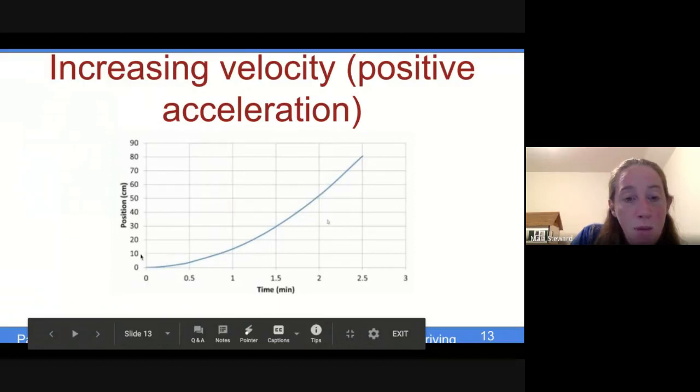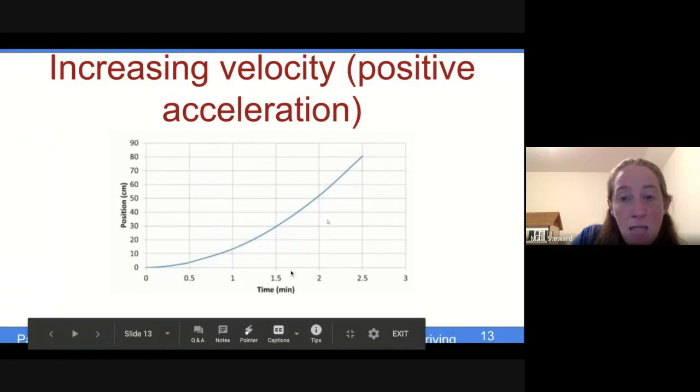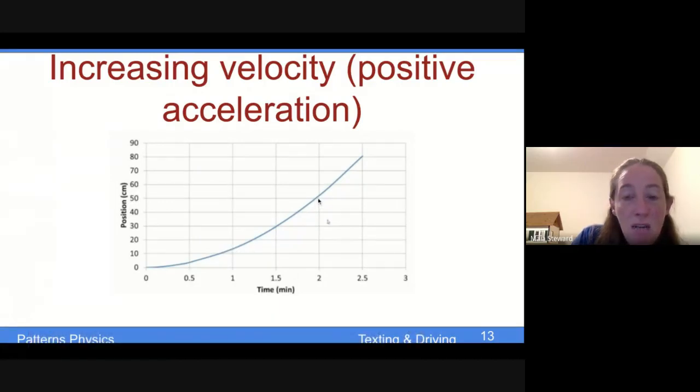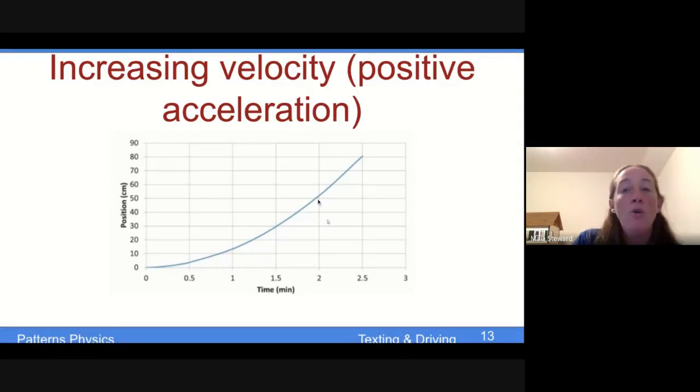We went from 10 centimeters in 1 second to, in the next second, from 10 to 50. Wow, we've traveled 40 centimeters in that same 1 second. So we're increasing our acceleration. So the line is getting more and more curved upward as we're getting faster and faster.